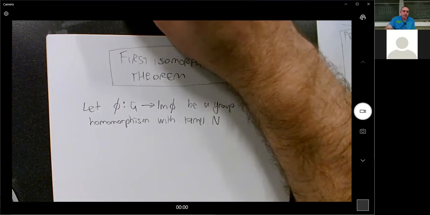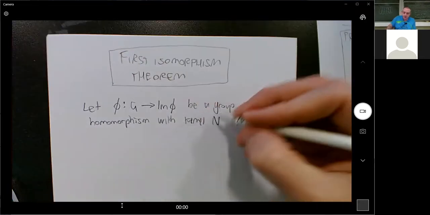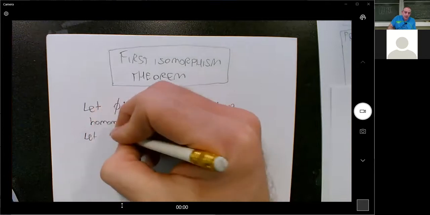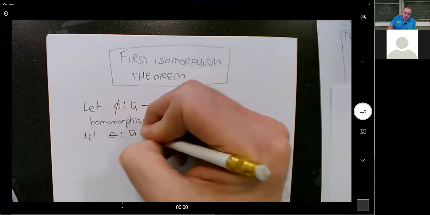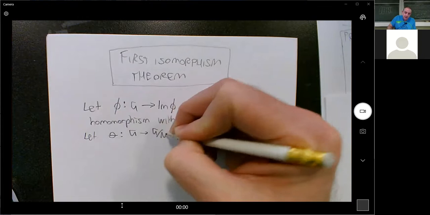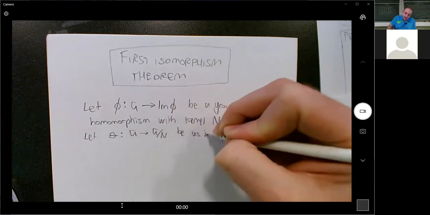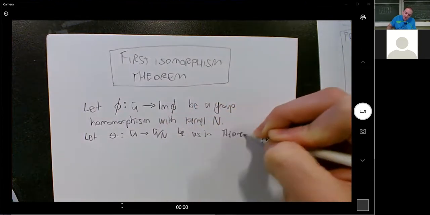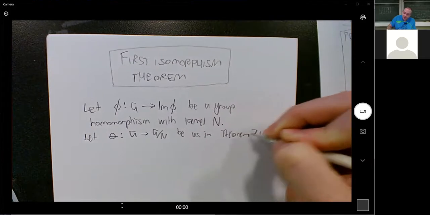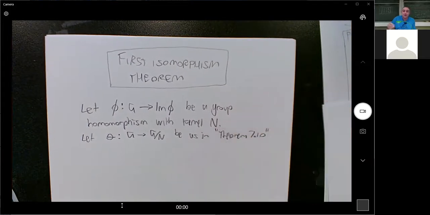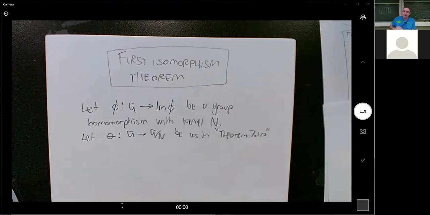And then it also says, let theta, which sends G to G over N, be as in theorem 7.10, whatever that means. Yep, it is, but I'm just going to write down exactly as it's written down.